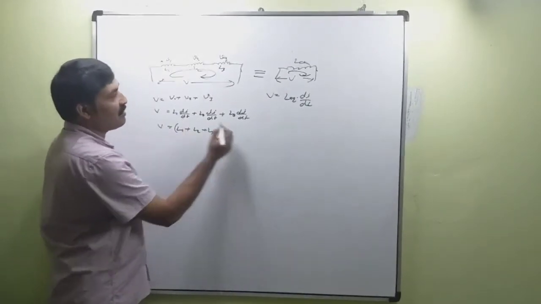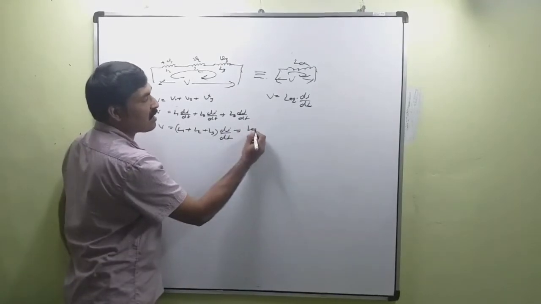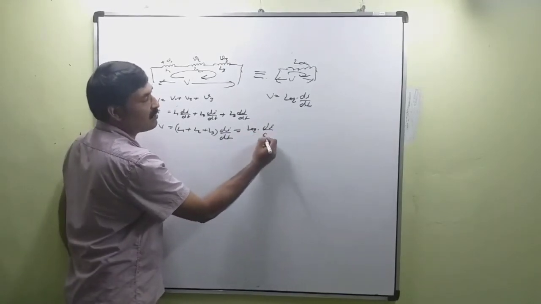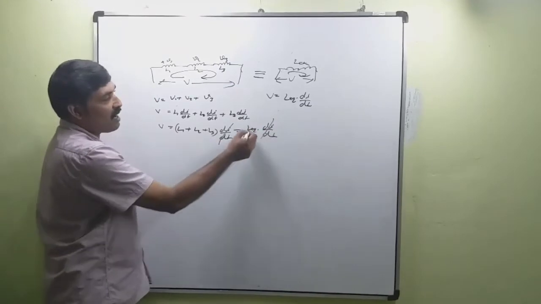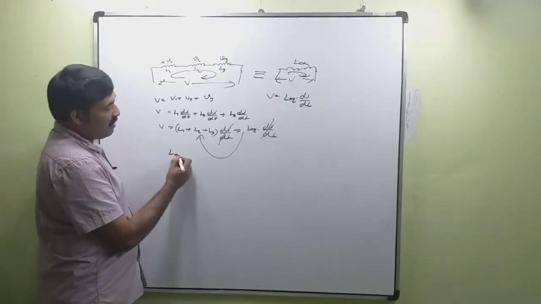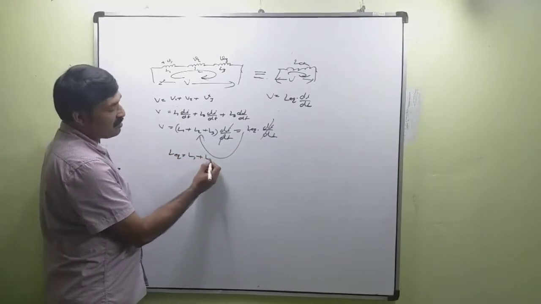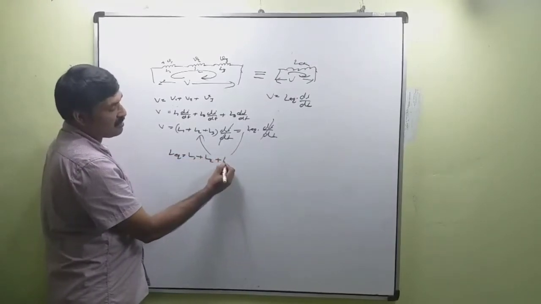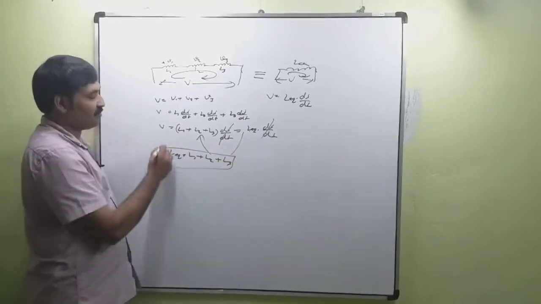That is our V. That is equal to L equivalent into di by dt. So L equivalent is equal to L1 plus L2 plus L3.